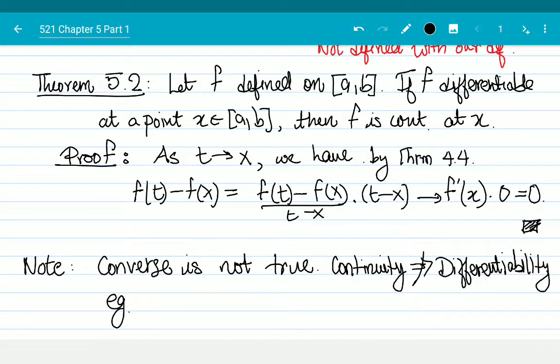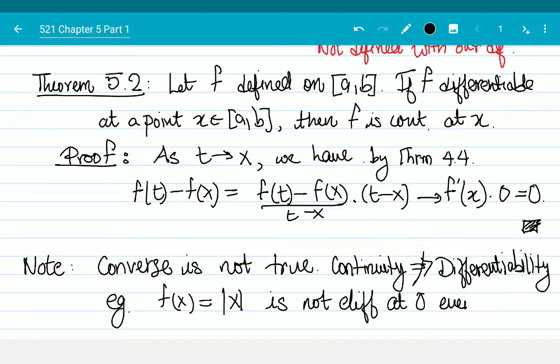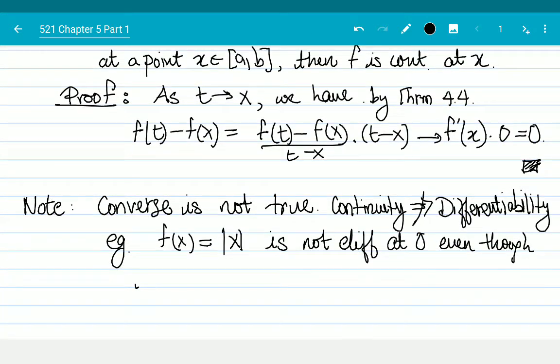Example, f of x is equal to absolute value of x is not differentiable at 0, even though it is continuous.